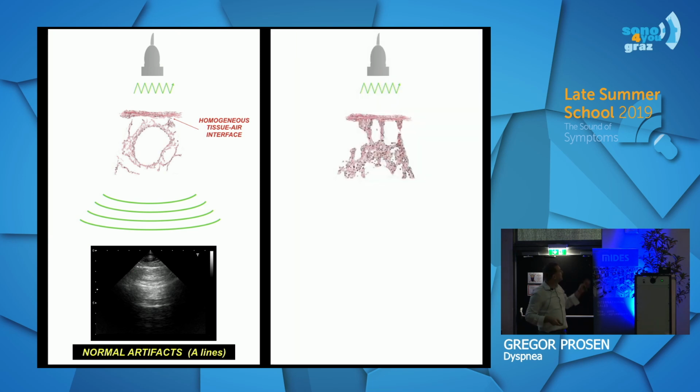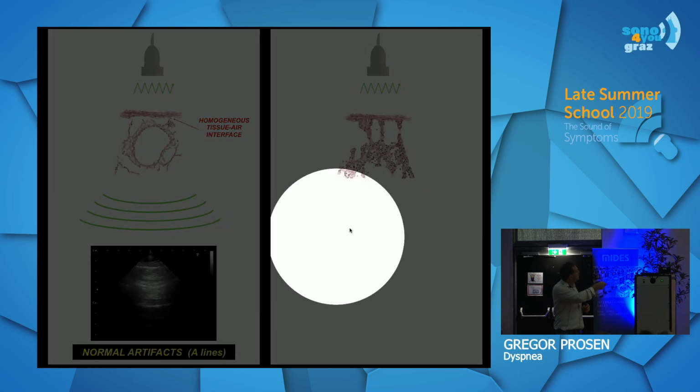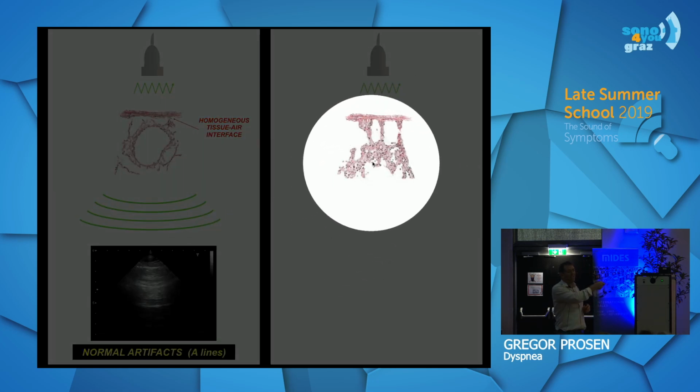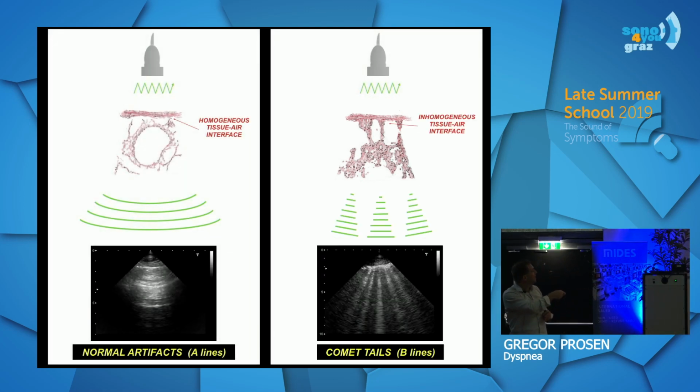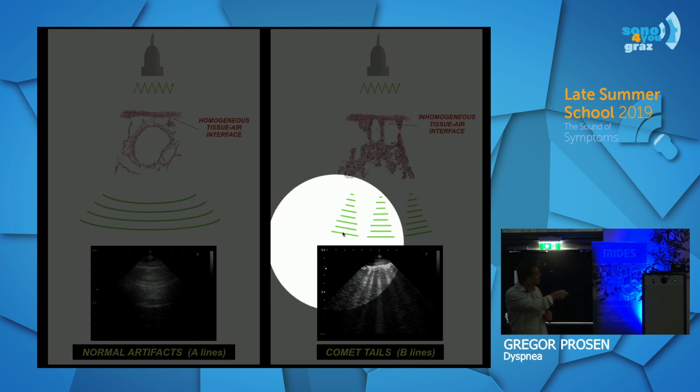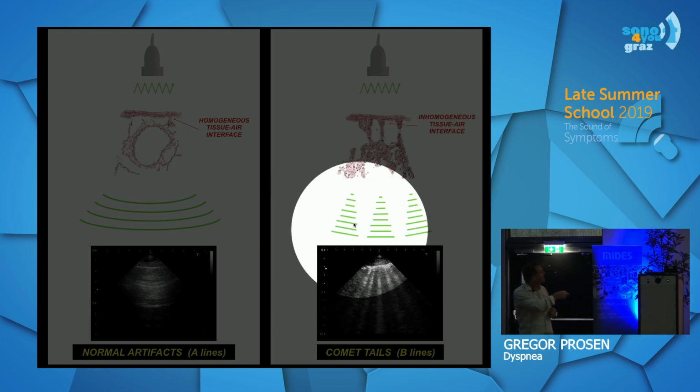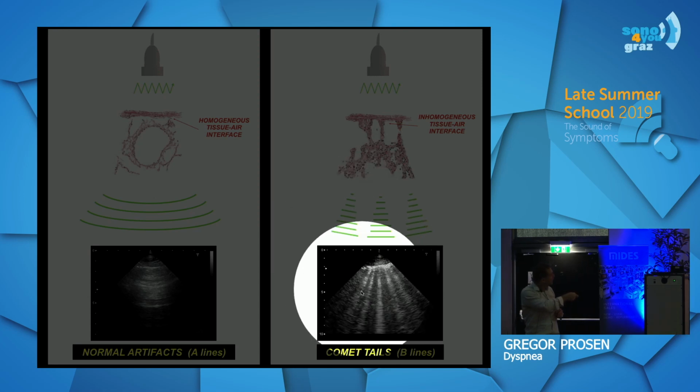A-lines. But if this interstitium is edematous, okay, because of inflammation or because of edema, cardiogenic edema, increased pressures, then this tissue physically behaves differently. And it produces such vertical artifacts, which are actually also little lines, but these are called B lines.